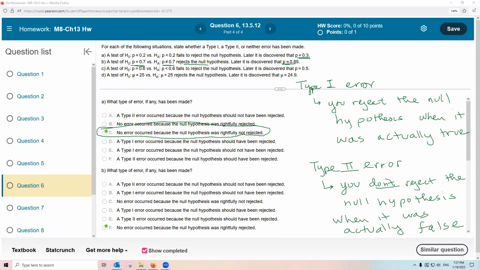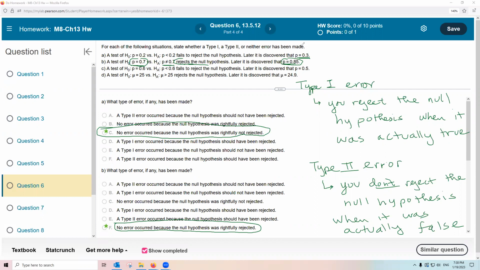Well, here we should have rejected the null, right? The null was saying that p equals 0.7, but we found p significantly different. So we should reject the null, and that's what we did. So again, there's no error here. No error occurred on this one because the null hypothesis was rejected and that was the right decision.